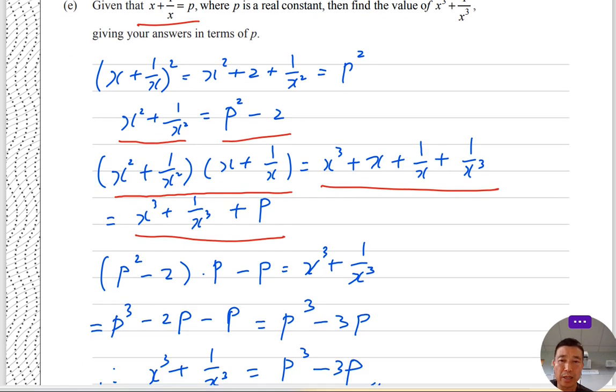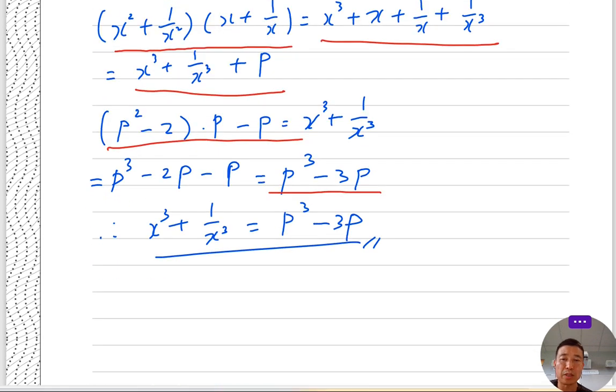So when I expand this and simplify, p cubed minus 2p minus p, which is p cubed minus 3p, is x cubed plus 1 over x cubed.